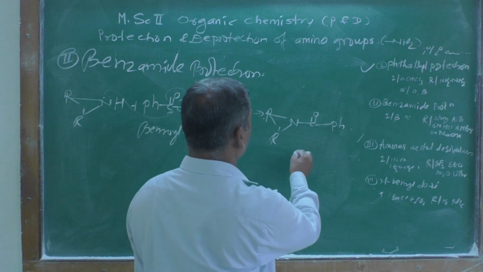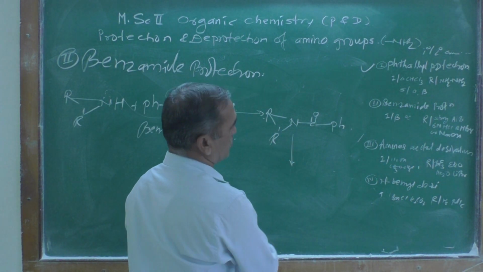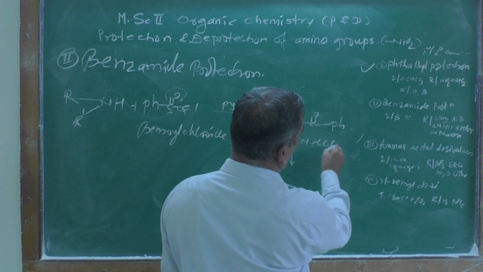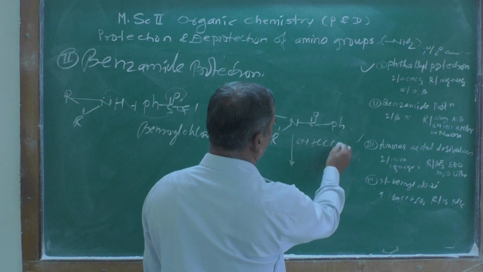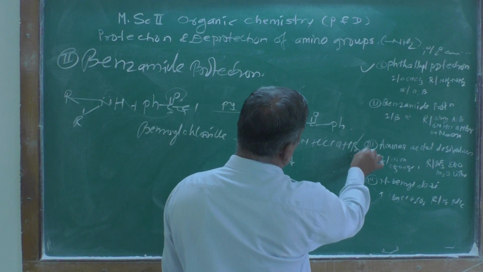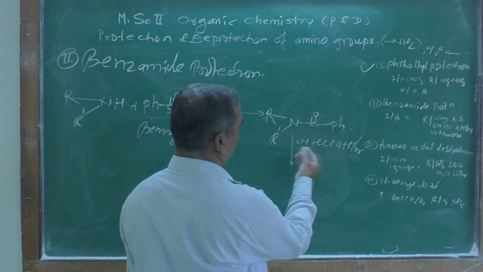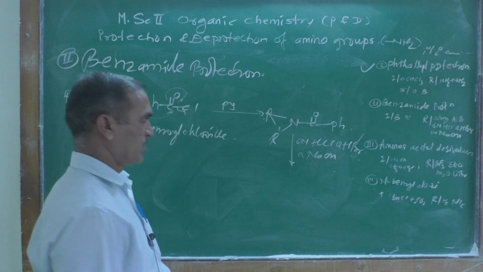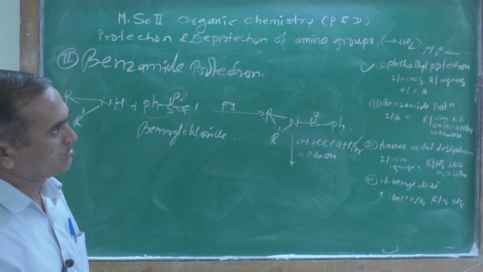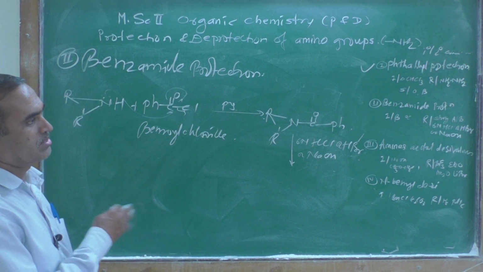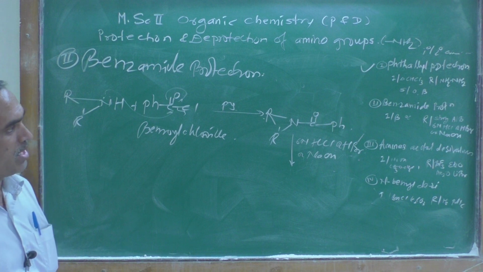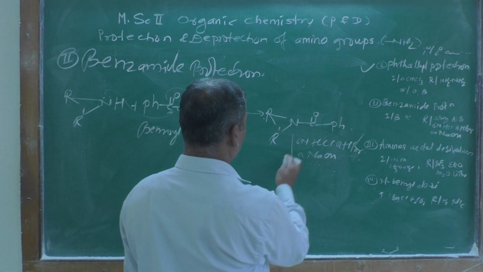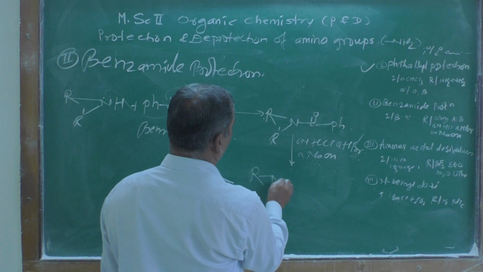Now it is removed under strong conditions: we can use 6 normal hydrochloric acid, or hydrogen bromide, or sodium hydroxide, the strong bases, and they are stable under oxidizing or reducing reagents. After using that, what is going to happen here?